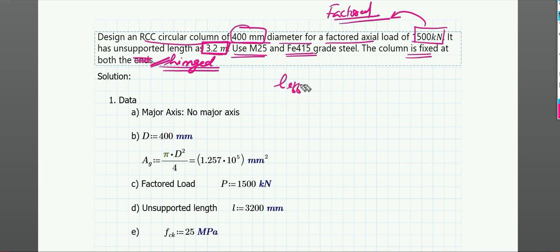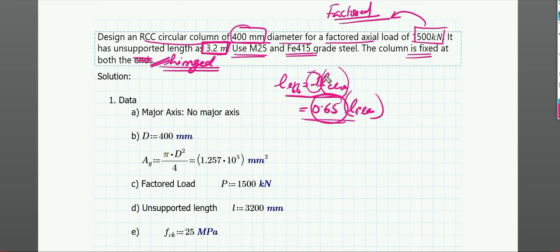L effective will be the L clear. That means the multiplying factor will be 1. If both ends are fixed, then it is 0.65 of L clear, right? I have shown you the IS code, also the table in the IS code, how to find out these ratios, that also you can find from the IS code.